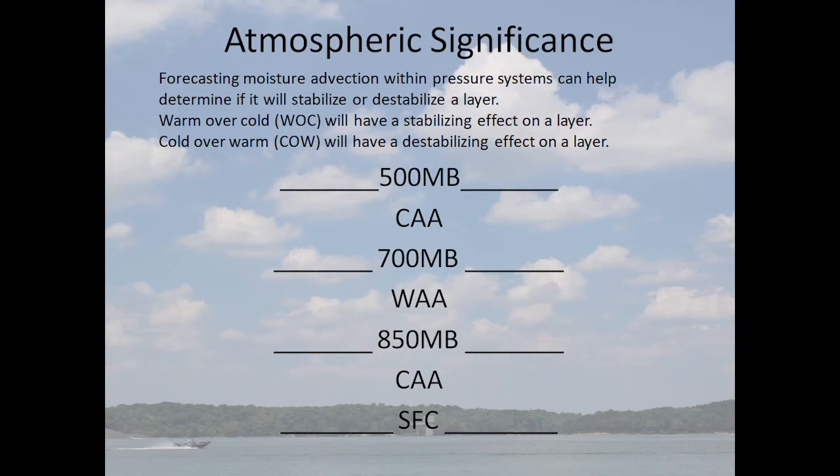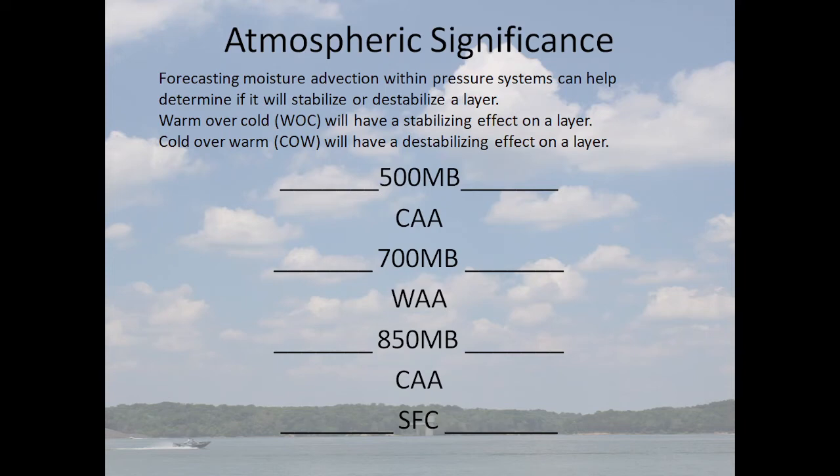And then from the surface up to 850 you have cold air advection on the surface, then you have warm over cold from 850, 700 down to the surface, that layer is actually a stable layer. So now you have a stable layer on the surface, unstable layer on the upper levels.